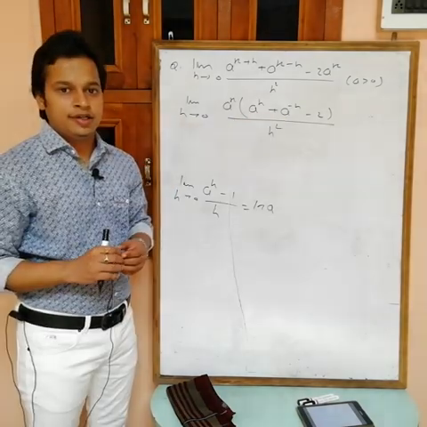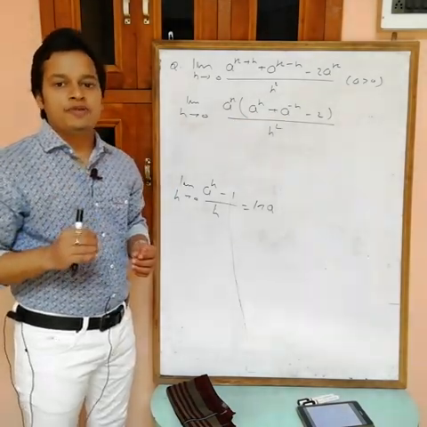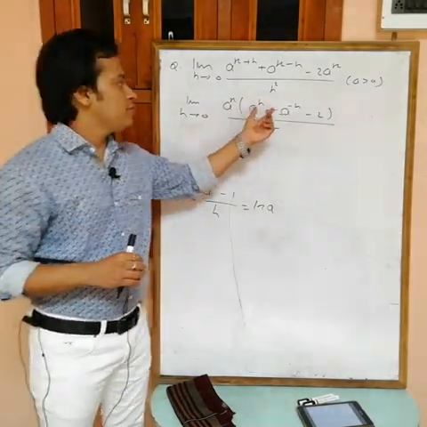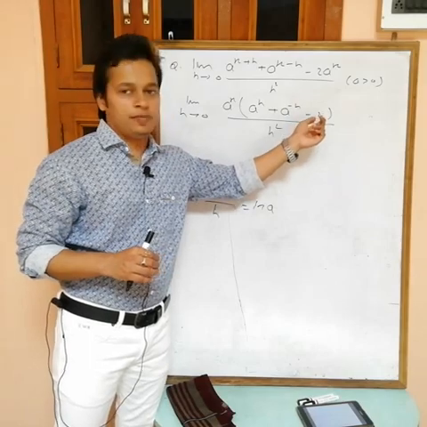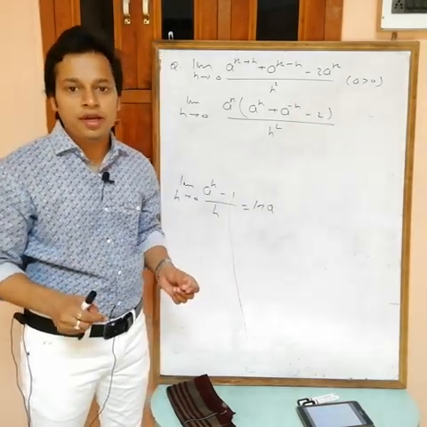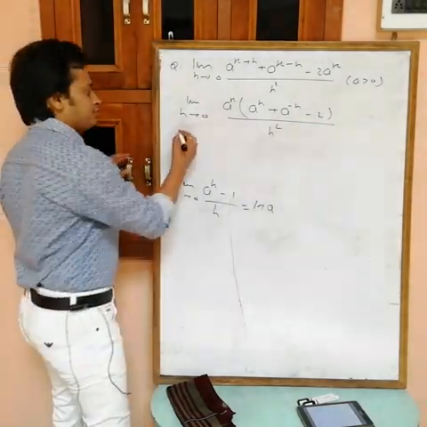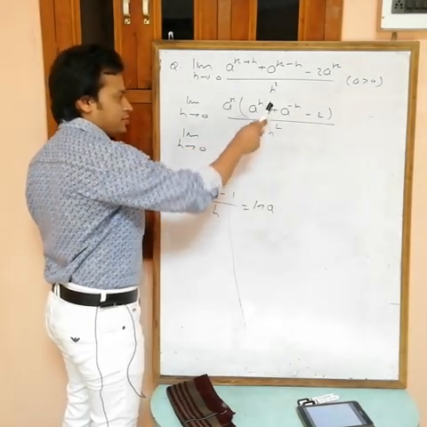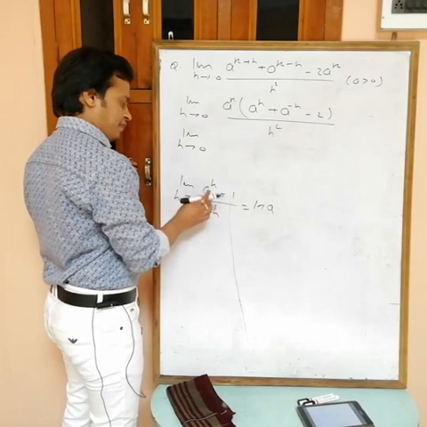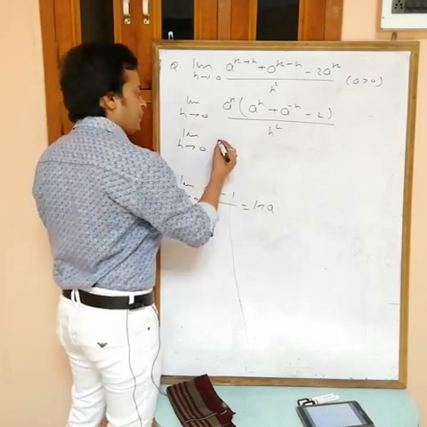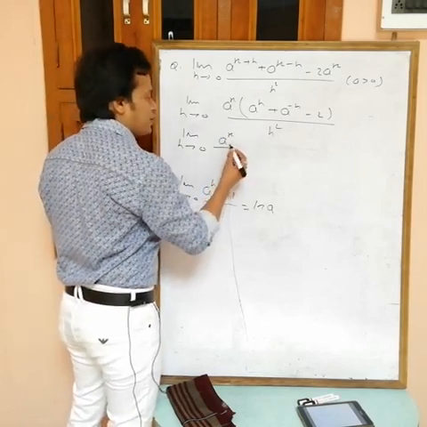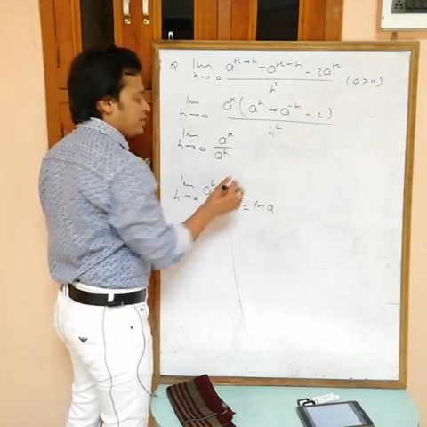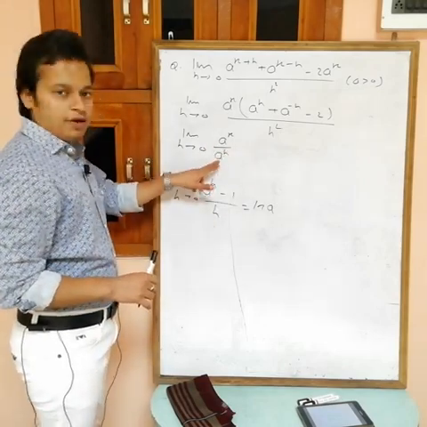Here we have a power minus h. If you multiply this one with a power h, then this is a power h square, this is 1, and 2 a power h, so completely in terms of a power h. So limit h tending to 0, at this time I can write this one in terms of a power h minus 1 by h. So a power x, I am multiplying with a power h in numerator and denominator.